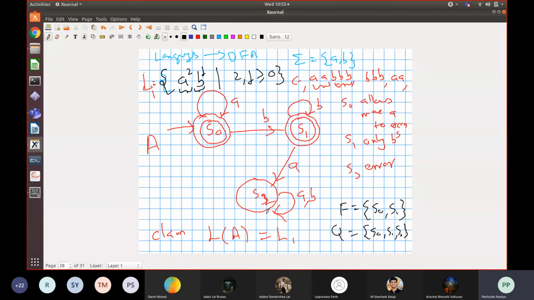We are going to try to design an optimized automaton with the fewest number of states. This is called the minimal automaton, minimal DFA, which has the least number of states, and such a DFA is going to be unique. But that is going to be at the end of the finite state automata investigation. It's very good you are thinking of this, but currently any DFA, just intuitively design.